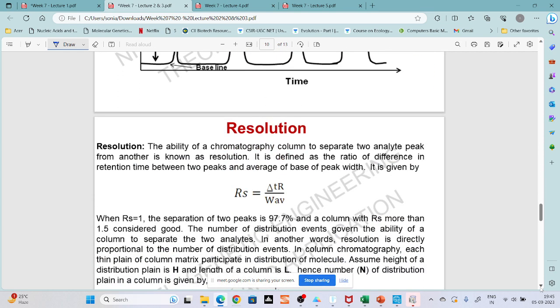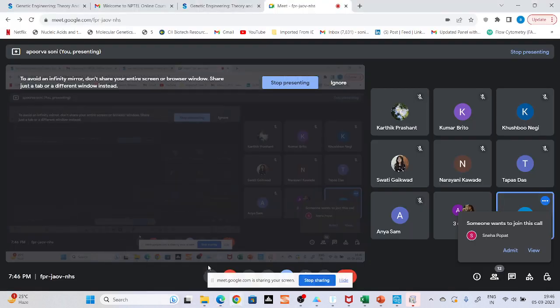Now we come to the resolution. Whenever we talk about resolution, we're talking about the resolution of the column, right? So whatever column you have, how that column is able to separate the two peaks is the resolution of the column.